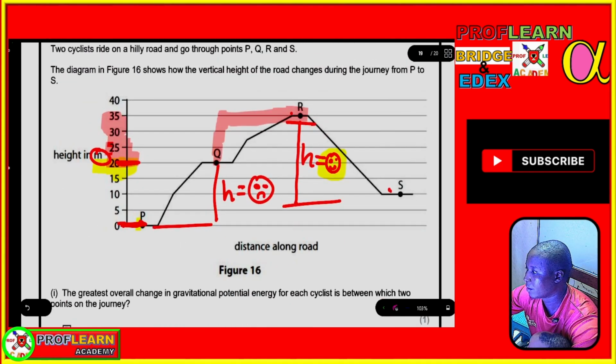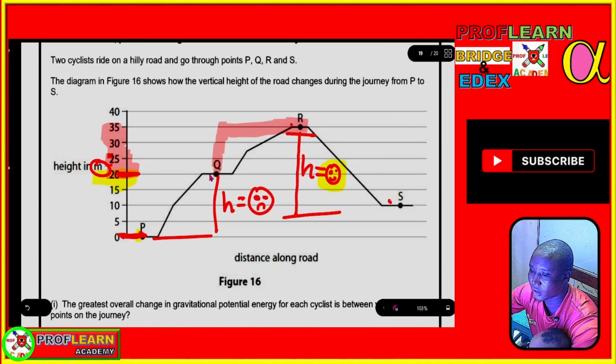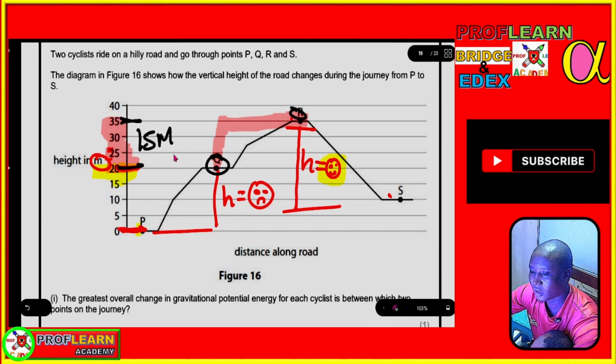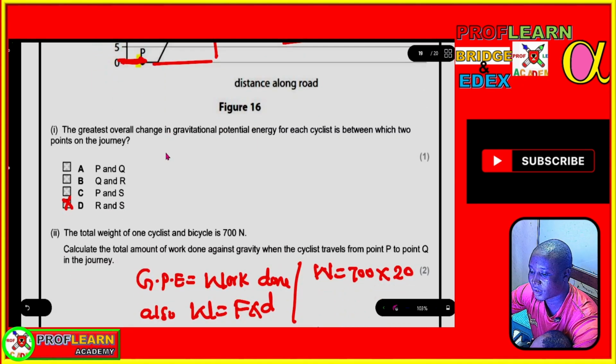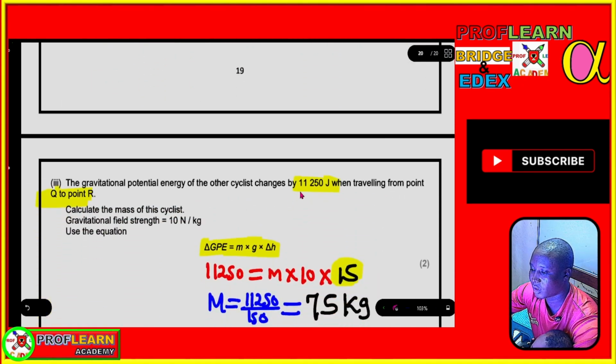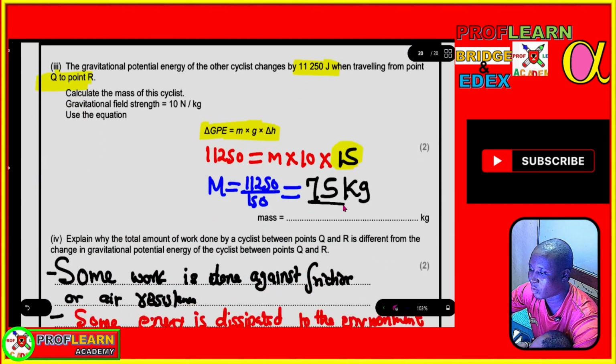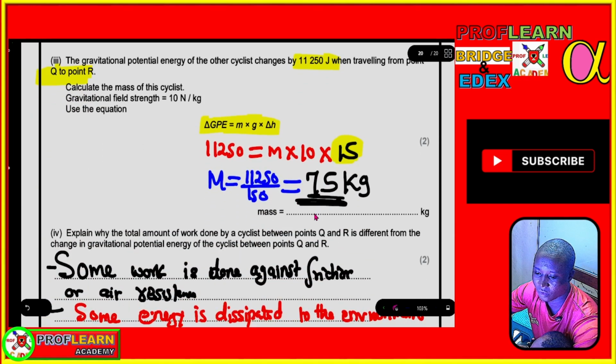Q to R, the distance here is 15 meters. So we can substitute here and you are going to get 75 kilograms.